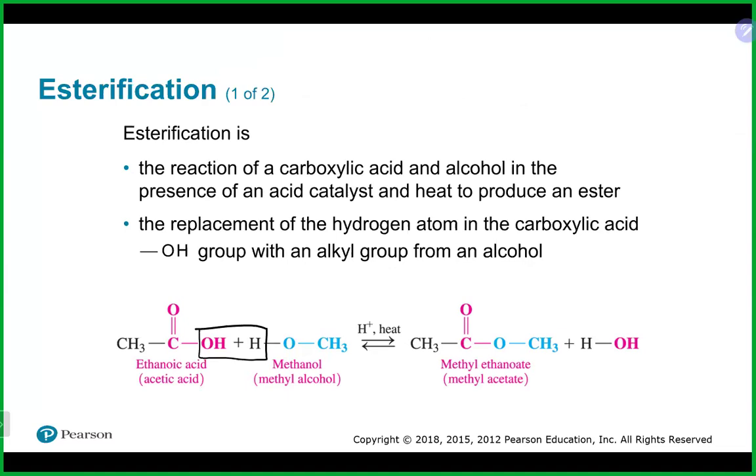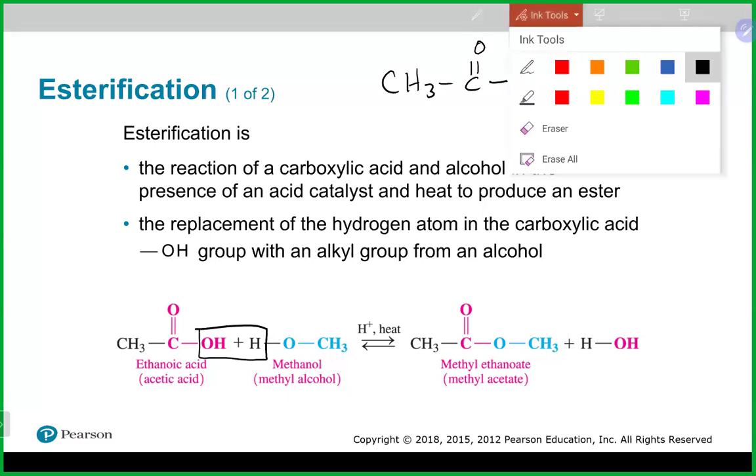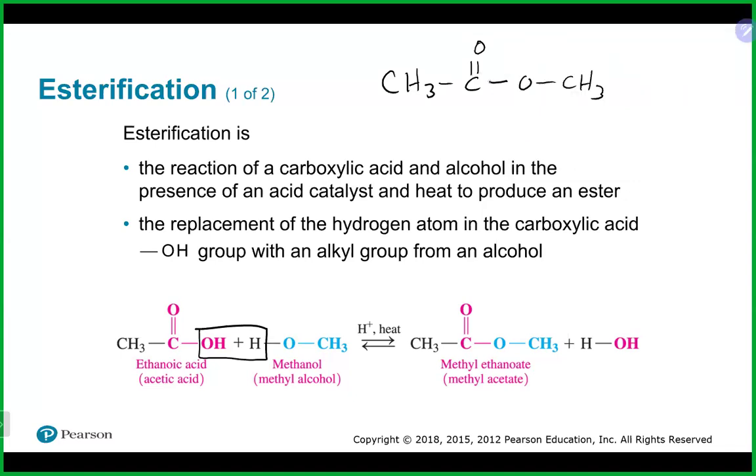And really, in this case, how we name it is all based on where this functional group is and what came from what. So if we take a look at this ester that is formed, it is always going to come together between the carbon and the oxygen, that single bonded carbon and oxygen, not the double bonded.